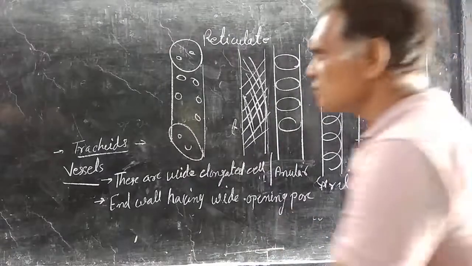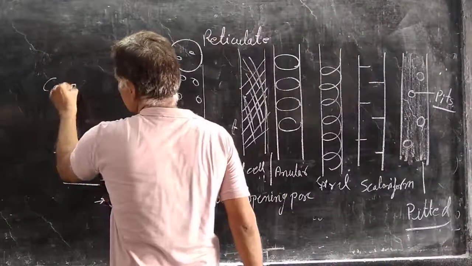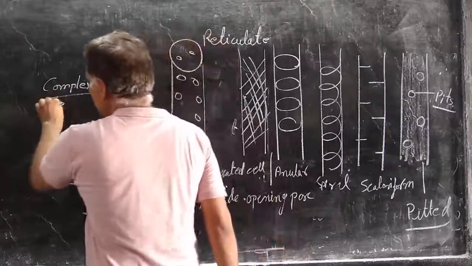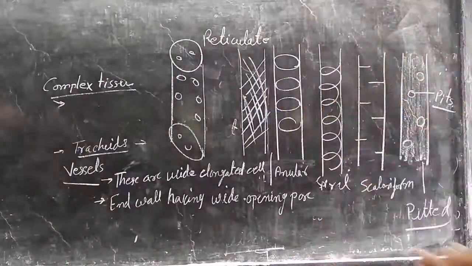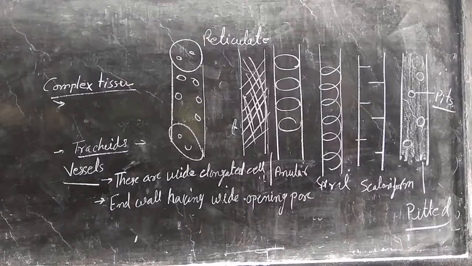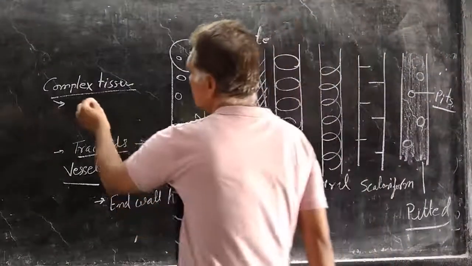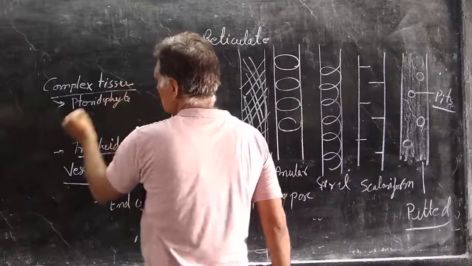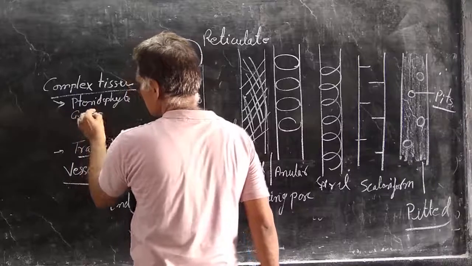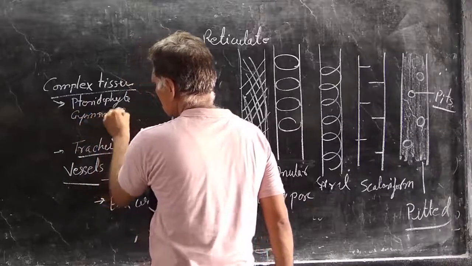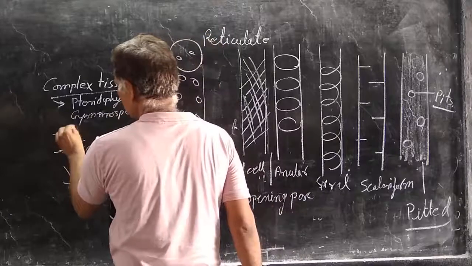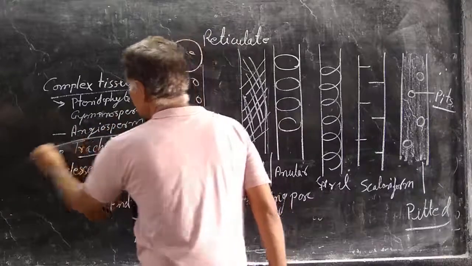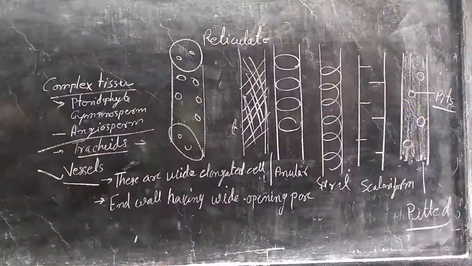Normally, this complex tissue is present in pteridophytes, gymnosperm and angiosperm only. But vessels are present only in angiosperm.